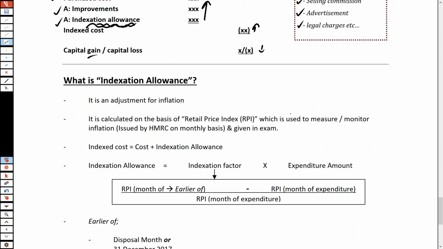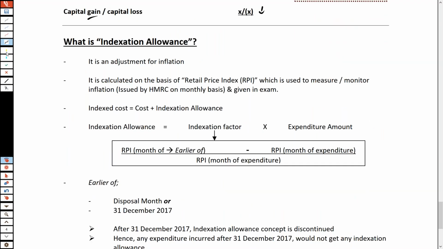Now let's talk about what indexation allowance is. By the passage of time, asset prices and things get inflated. So indexation allowance is actually an adjustment for inflation, and it is calculated on the basis of RPIs. By the way, for normal economy purposes, there are CPIs, the consumer price index. In a normal economy, if we want to check inflation, economists use CPIs.